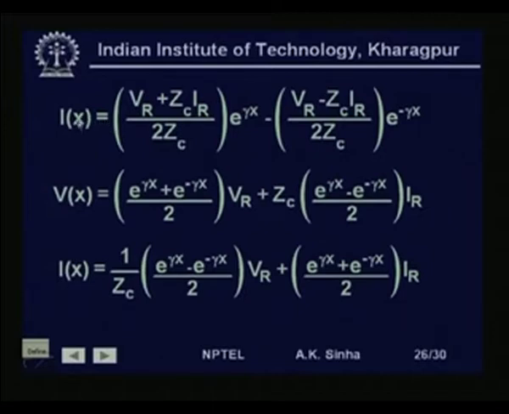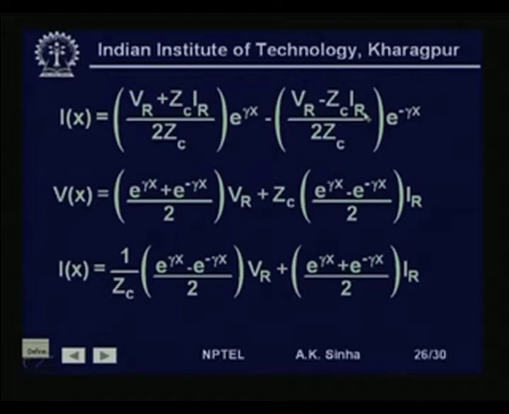Similarly, putting the values of A1 and A2 in the relationship for Ix, we get Ix is equal to (Vr plus Zc Ir) by 2 into (1 by Zc) e to the power gamma x minus (Vr minus Zc Ir) divided by 2 into (1 by Zc) e to the power minus gamma x.